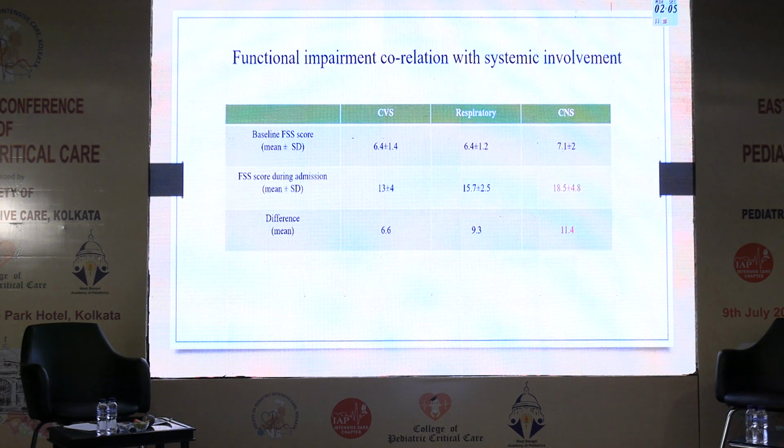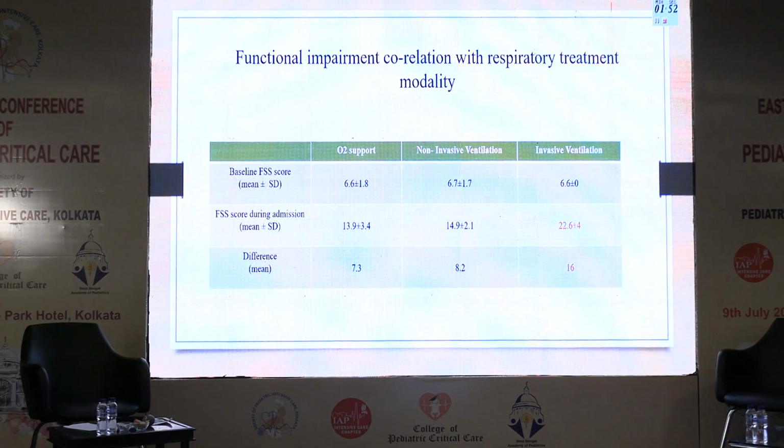Similarly, those having CNS pathology had a higher functional impairment. Although the baseline is also raised, that is because many of the patients with CNS pathology also had global developmental delay. And if we compare them regarding the respiratory treatment modality, those having invasive ventilation had the maximum functional impairment.